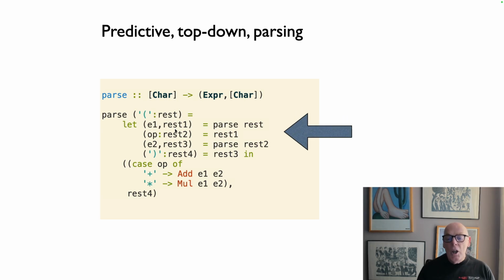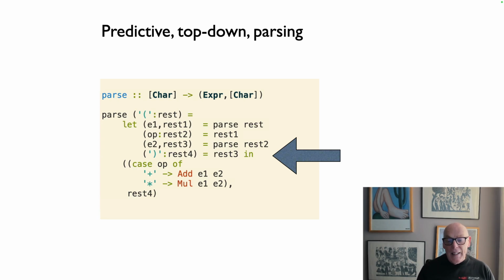What do we do next? We look for an operator. And so we find an operator at the beginning, it's just one character, and then we get rest2. We then have to, after the operator, find another expression. So we call parse again on rest2, and we assume that we break that down as E2, the expression found, and rest3. And then what do we expect to find in rest3? We expect to find the closing parenthesis and then whatever is left.